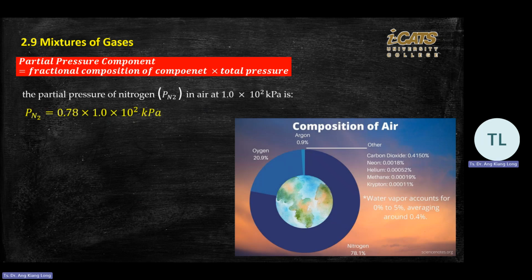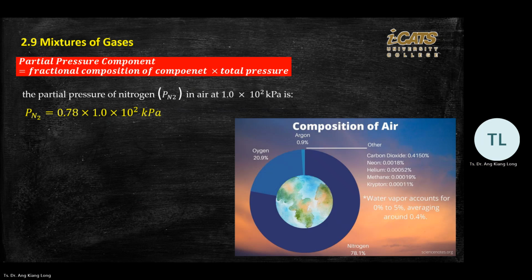So if we take Earth, total pressure is 100 kilopascal. We change 100 kilopascal into 1 multiplied 10 to the power 2.